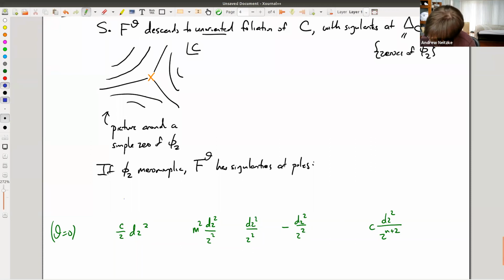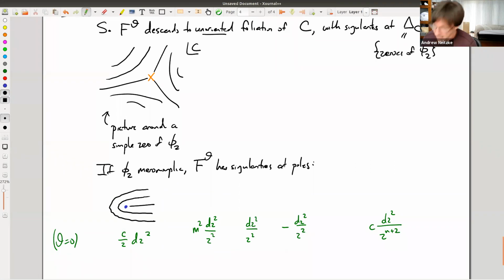A simple pole is actually the sort of dynamically trickiest one, or let's say dynamically most useless one, it just has one line. There's exactly one leaf of the foliation that ends up on the pole. If you have any other leaf, it just kind of goes around like this.